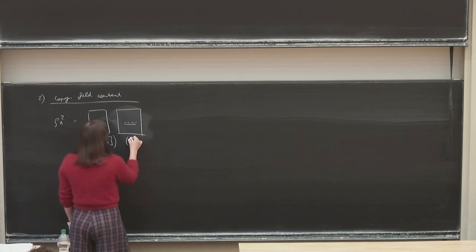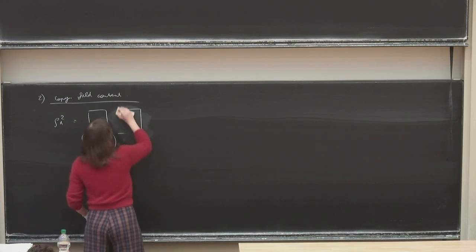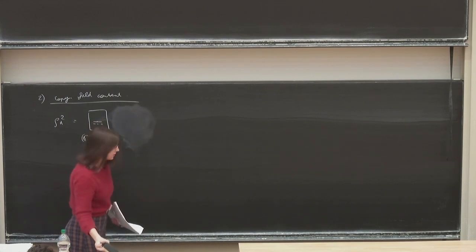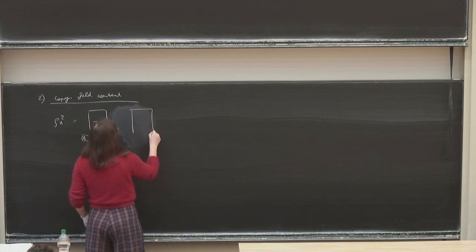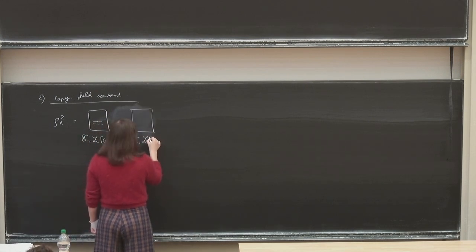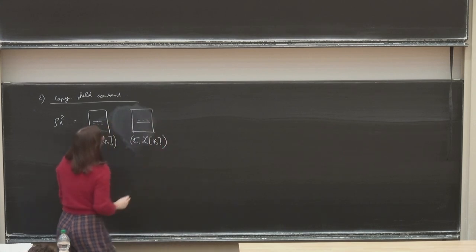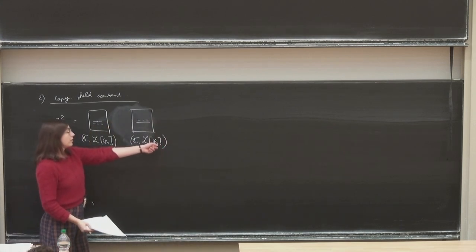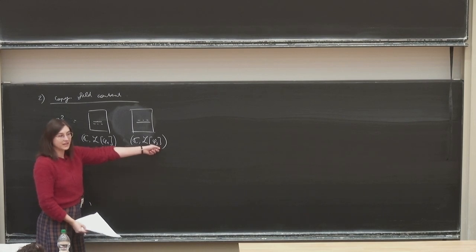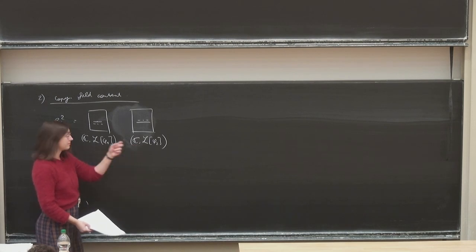And here in this copy, I'll consider the same Lagrangian, but for a second set of fields, which I'll now call phi_2, again living on the complex plane.